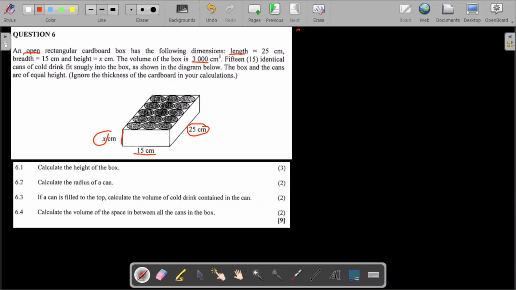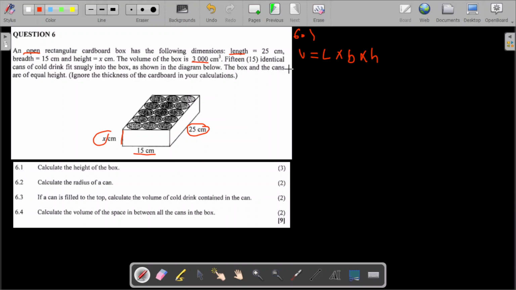Now 6.1: calculate the height of the box. First, they gave us the volume. The volume of the box is length times breadth times height.